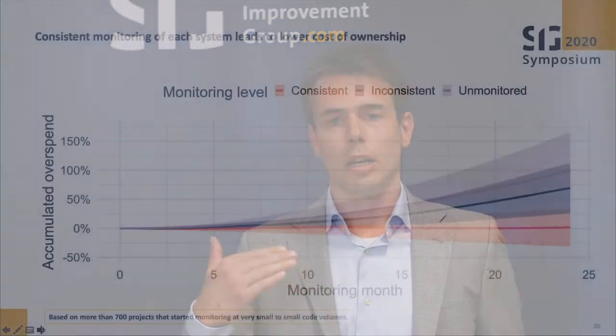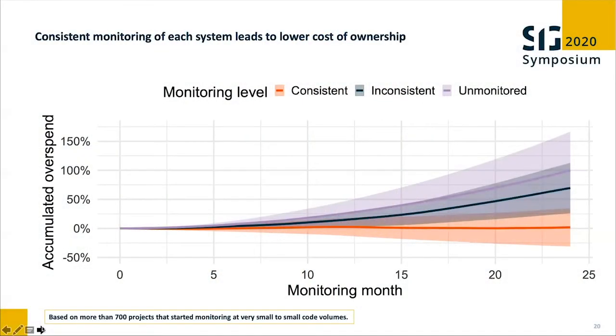Well, there's also a little bit of an in-between here. You can monitor a little bit less than a month as a frequency. Then you see some benefits compared to the unmonitored group, but also there's overspend that keeps getting added over time. Well, what can that lead to if you have a big portfolio of systems?